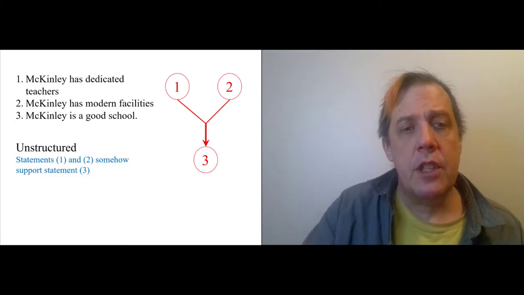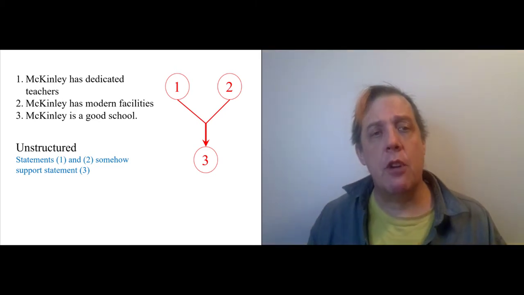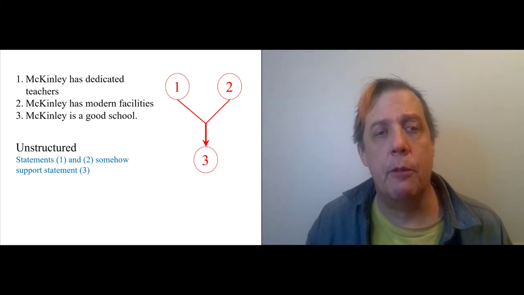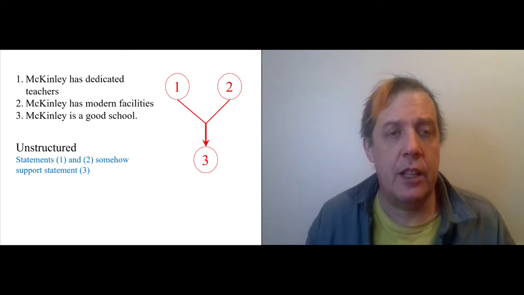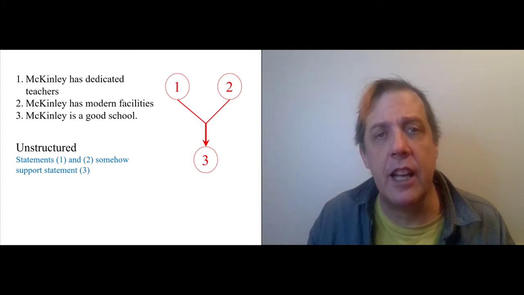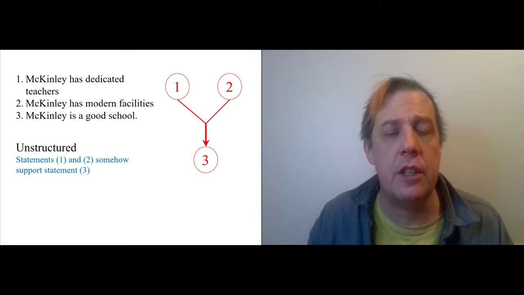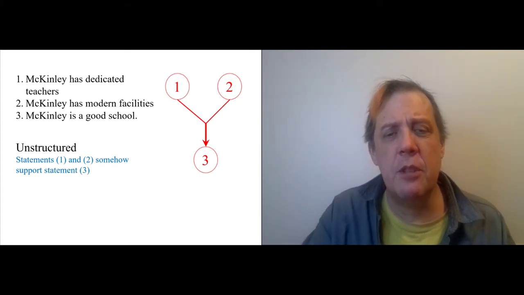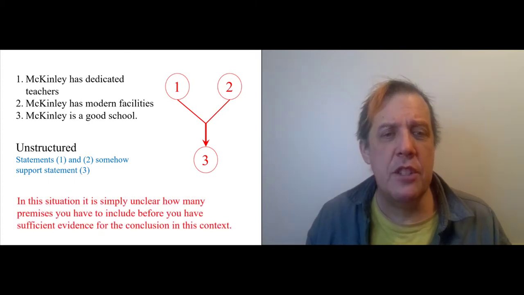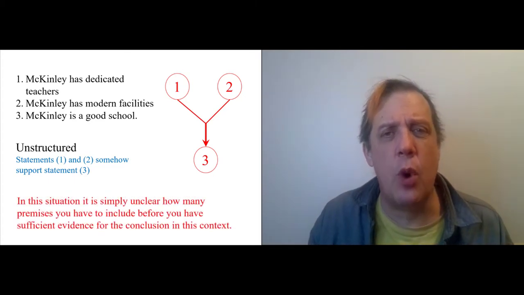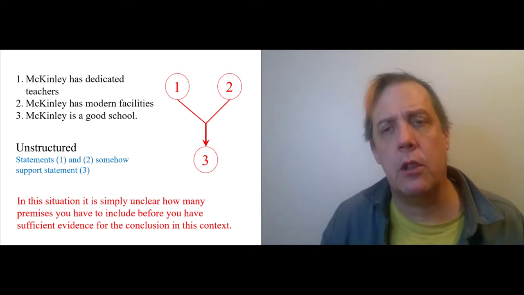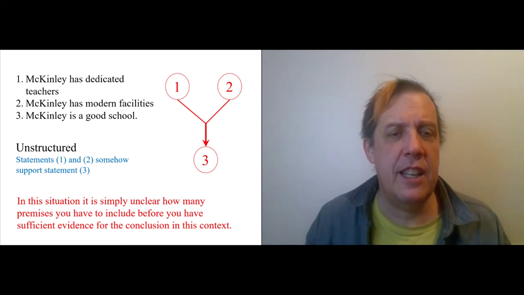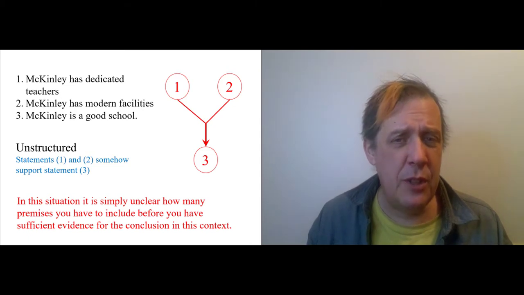However, most of the time, we are just dealing with unstructured arguments. So the example from the text was a principal talking up his school and saying, it's a good school, it's got dedicated teachers and modern facilities. Well, what is the relationship between these premises? We just don't know. Maybe he thinks one of them on its own is sufficient to show the conclusion, or maybe he thinks you need both of them.